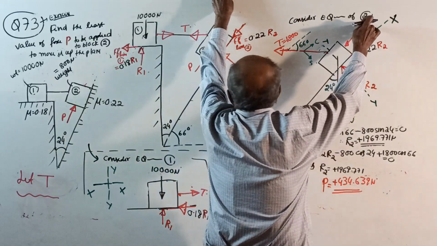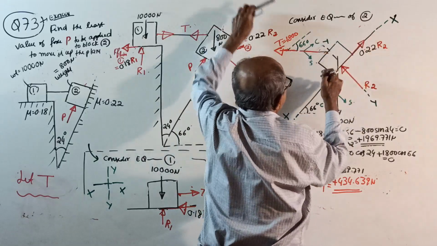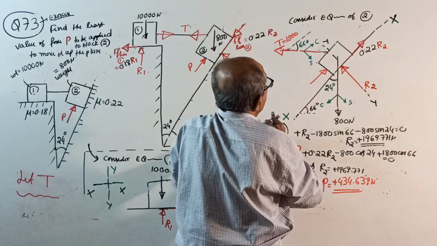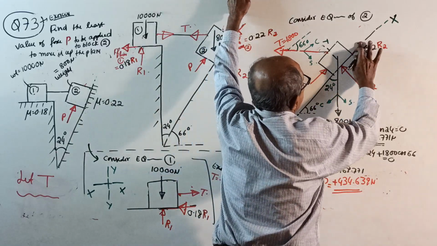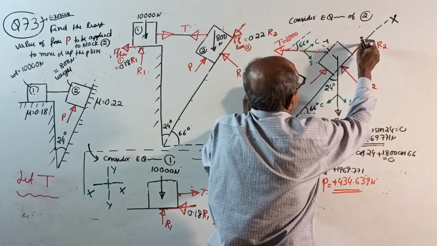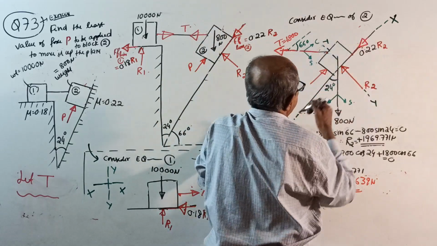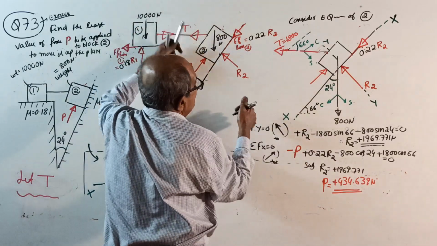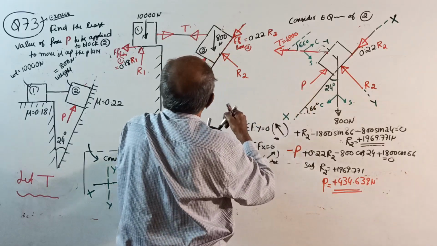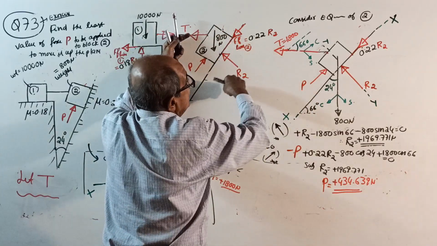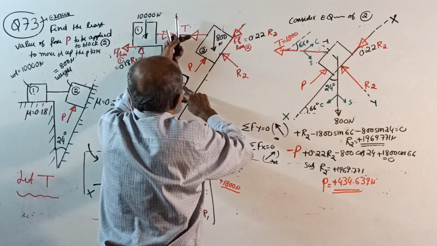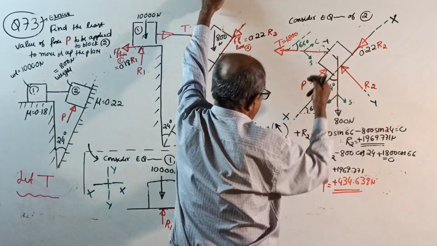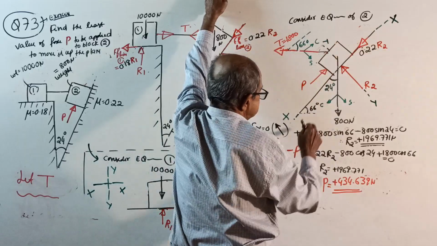And P is here. See, P is here. And friction is now reversed. Friction is down. Everything else is the same. This is tension T. This is your P. Friction down, R2, P, 800 weight. Okay, Sigma Fy equal to 0, plus R2.